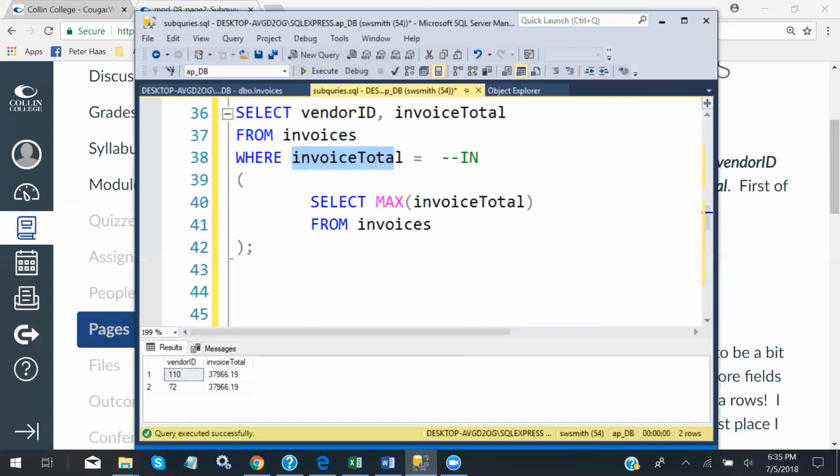What is invoice total? What kind of a thing is it? Is it a number? It's a number. Thank you. It's an integer. It's a quantity of money, and you say, well, it's not really an integer because it has a decimal point, but that's okay.